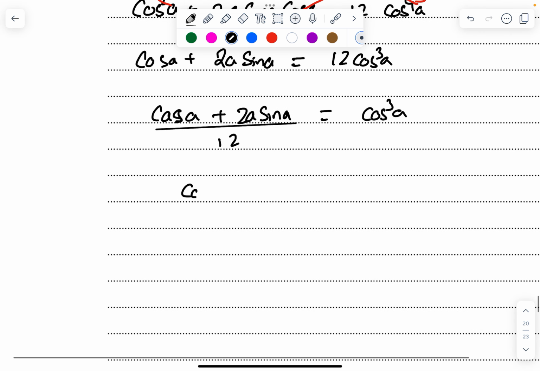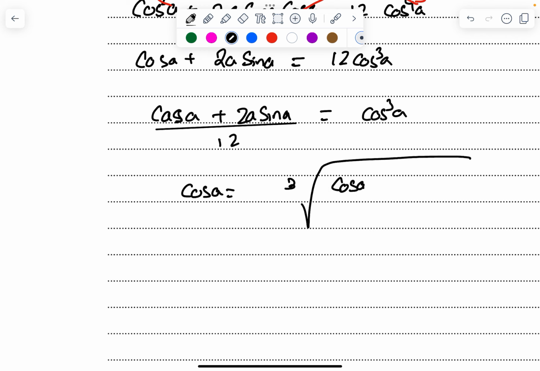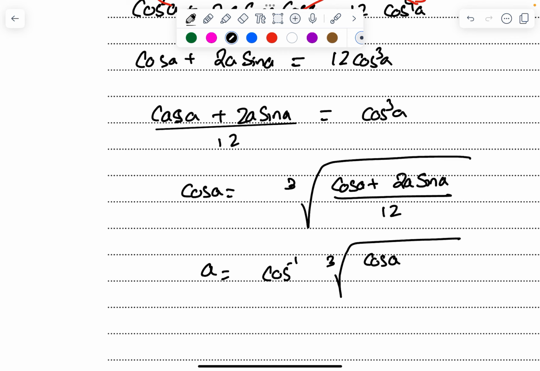So what does cos a become now? Cube root of cos a plus 2a sin a divided by 12. So a equals cos inverse of the cube root of cos a plus 2a sin a divided by 12.